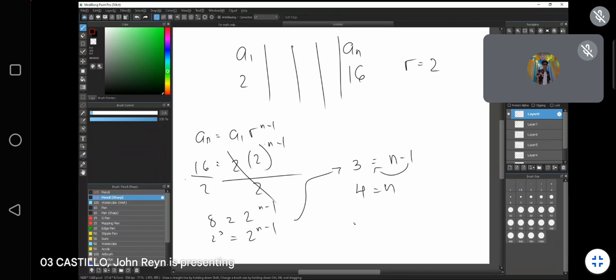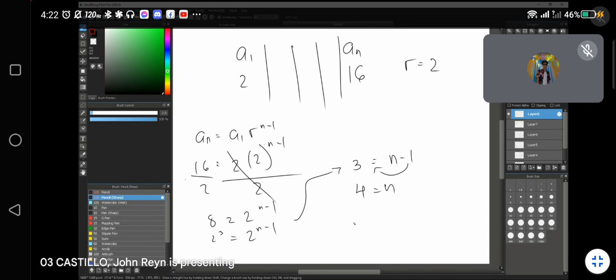If n is on the right side or the left side, retain the unknown variable on the side where it is located, left or right, para hindi kayo malito, untouched. Transpose -1 becomes a plus. So 3 plus 1 becomes 4 equals n. Very good.